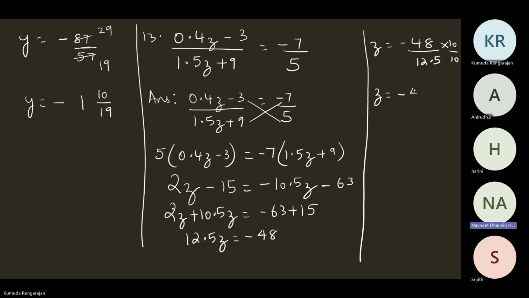Ma'am, minus 480 by 125. Now you should simplify. 5 table. 5 9s are 45, 3 remains, 5 6s are 30. Ma'am, minus 96 by 25.